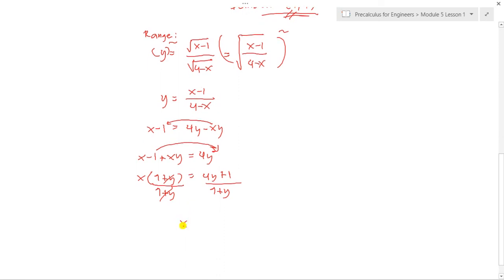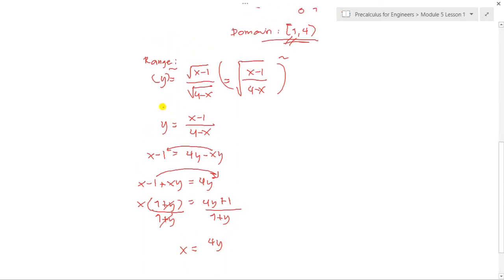Muna na itong x is equals to 4y squared plus 1 all over 1 plus y squared. Tama? Okay, so tama.